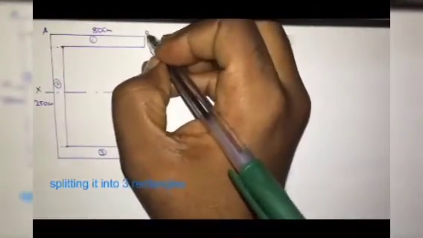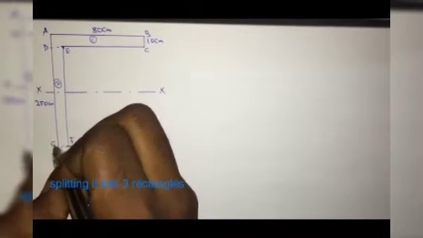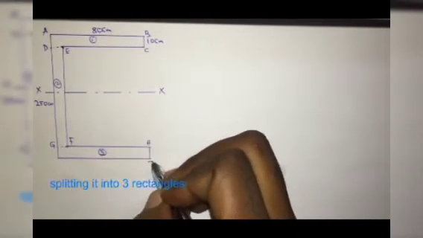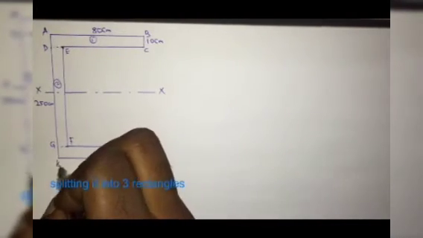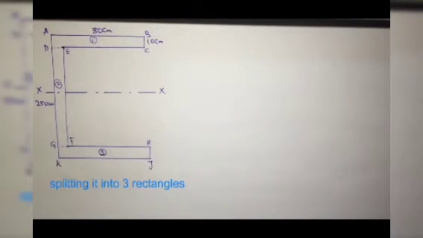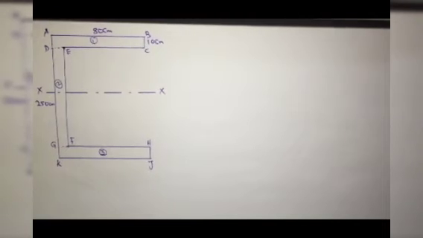So the next thing is to split it into parts. You can do it this way, the way I did it, or you can choose to do it the other way around. Whatever way we choose, the most important thing is to take note of the dimensions.